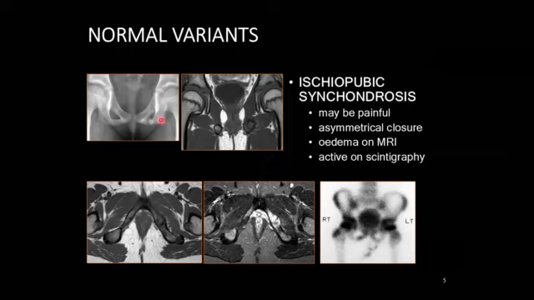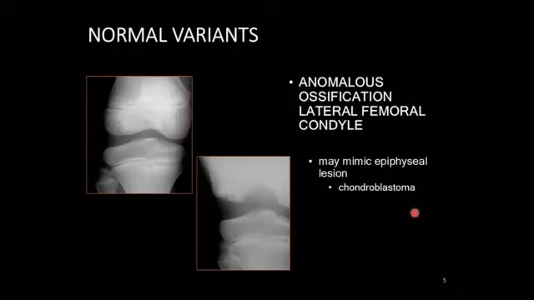You can see here on the X-ray there is something that we might think of as a serious pathology. However, on the MRI it also looks suspicious. You can see edema on the T2 fat-saturated images, and it shows active uptake on the bone scan. So this is just a normal variant, and it might be painful.